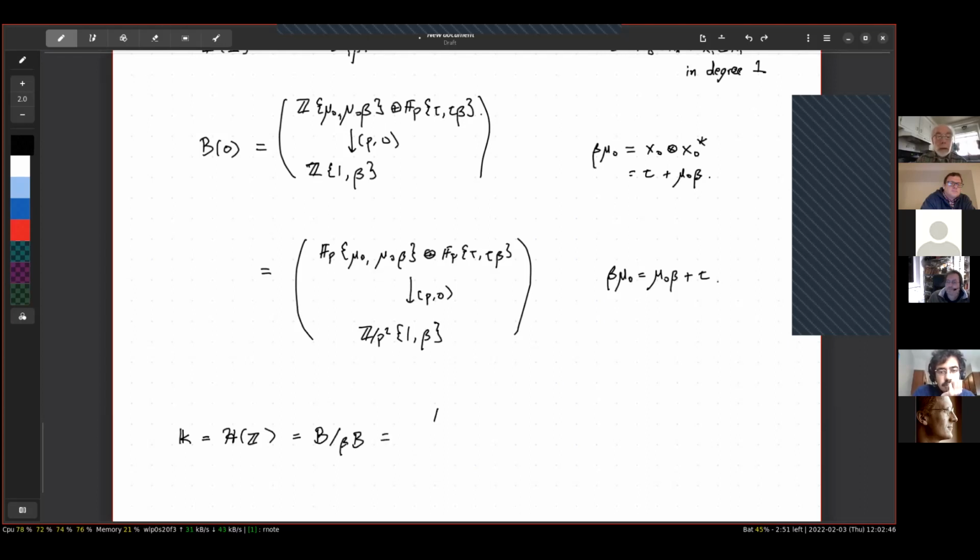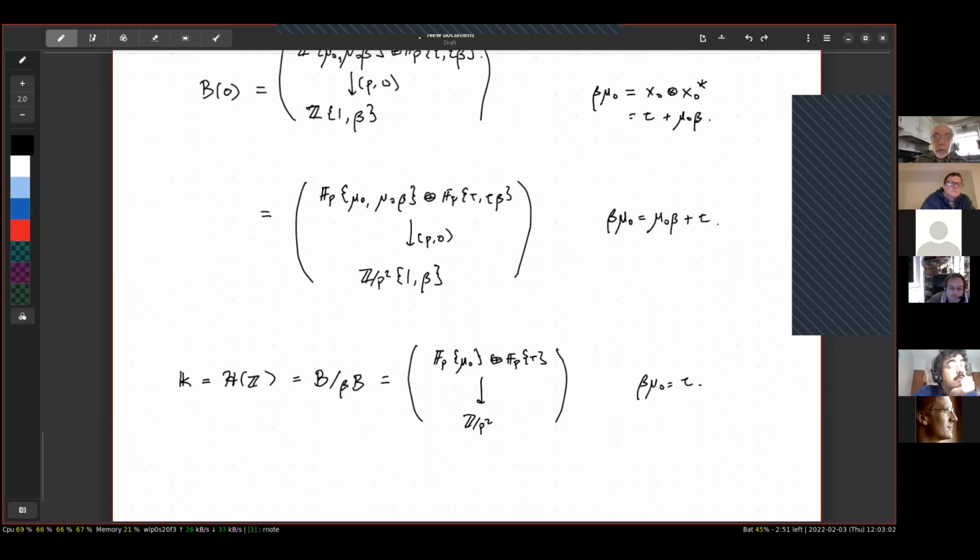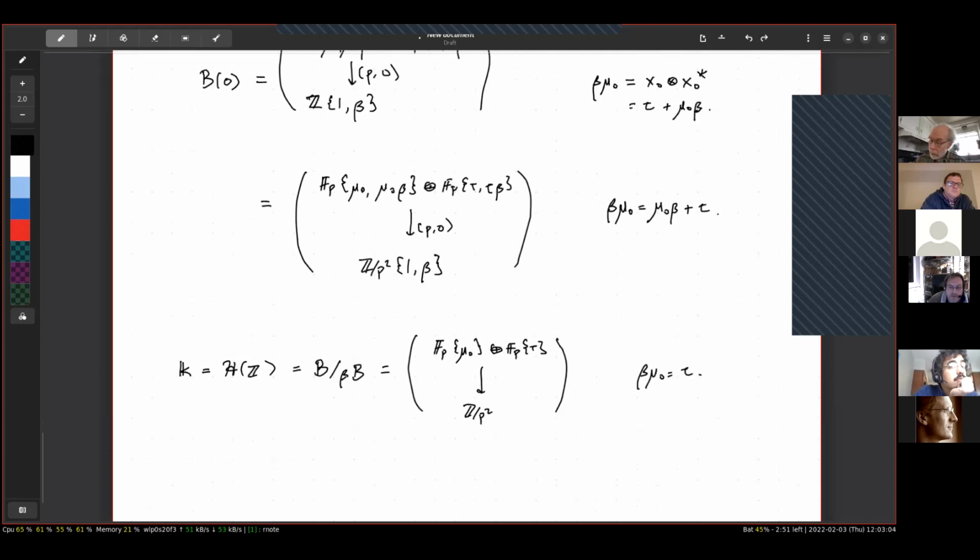So this is FP join mu naught plus FP join tau FP to Z mod P squared. And then beta mu naught is tau. So this is the starting building block of everything. It's the cohomology of the sphere.